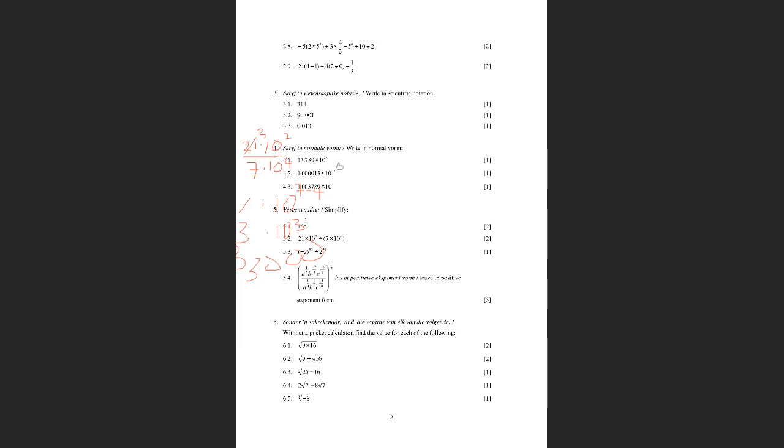No further questions, sir. I did not hear you from 5.1, sir, due to the connection, sir. Okay, 5.1, it says that you see here is 16 to the exponent 3 over 4. 16 is the same as 2 exponent 4.